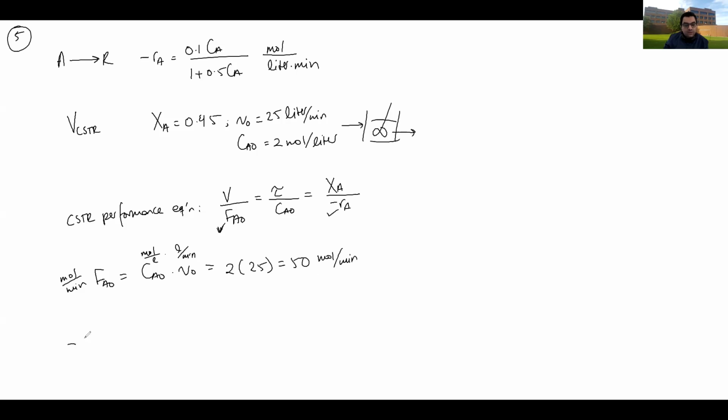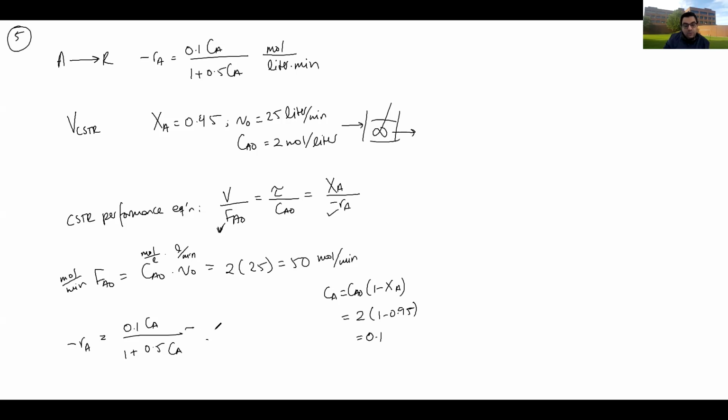Okay, minus RA, you're given an equation, which is 0.1 CA over 1 plus 0.5 CA. We need CA to do this. So in order to get CA, you need to recall that CA is equal to CA naught into 1 minus XA. This is equal to 2 into 1 minus 0.95, and this is equal to 0.1, right? So I know that CA is equal to 0.1.